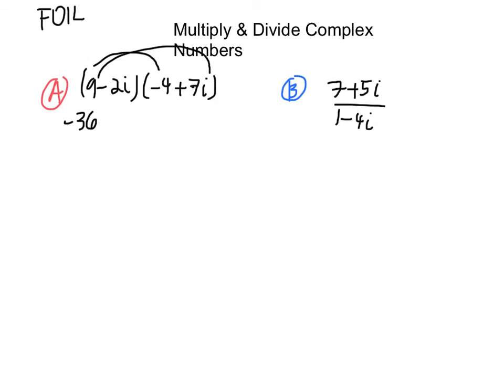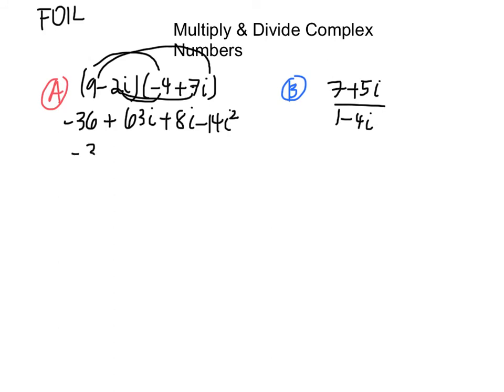Outer, the two outer values, 9 times 7i is plus 63i. The inner values, we have plus 8i, and the last value, minus 14i squared.